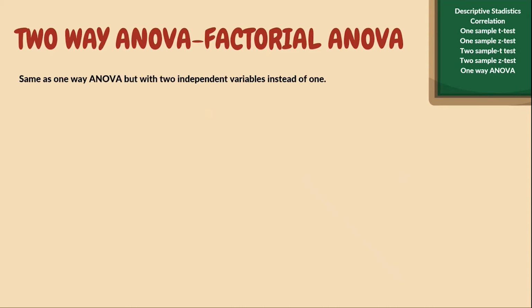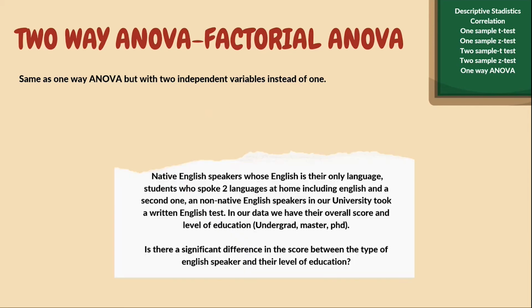Now let's see two-way ANOVA, or factorial ANOVA. The same thing as the one-way ANOVA, but instead of one, we have 2 independent variables. For example, we have the same example: native English speakers whose English is their only language, students who speak 2 languages, and non-native English speakers in our university took a written test. In our data, we have their overall score, but we also have their level of education, if they are undergrad, master, or PhD.